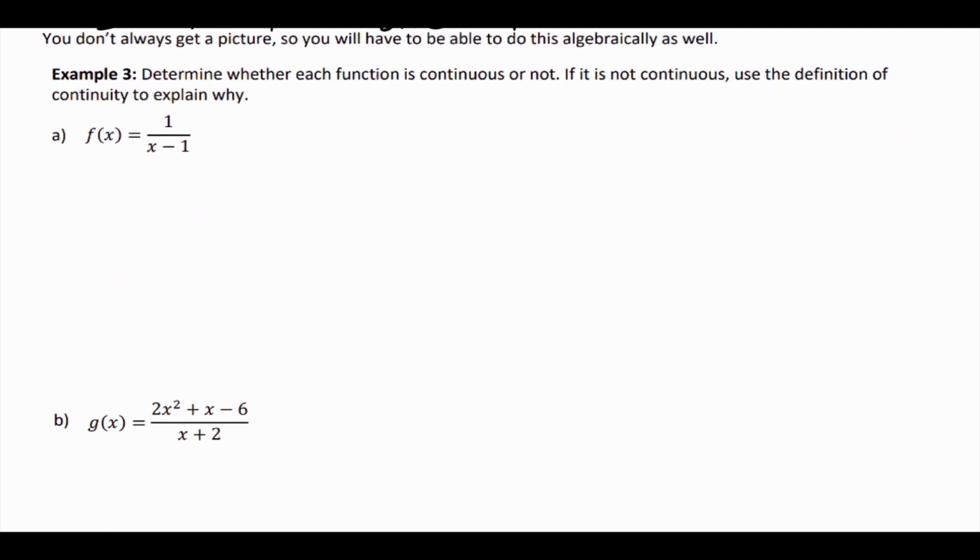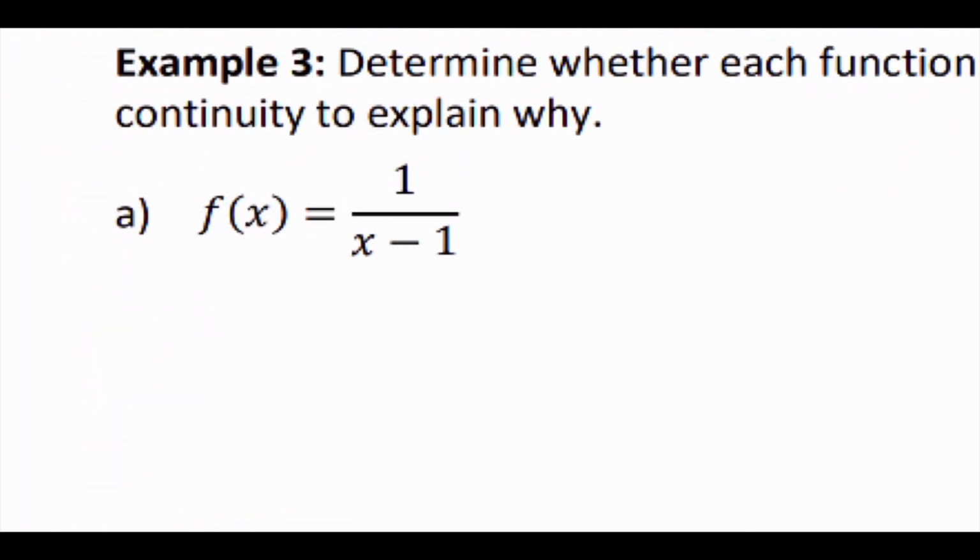Looking at 3a, which x value is going to be a problem for continuity here? 1. Why 1? If I plug in 1 for x, that's going to be an issue because I'm going to get 0 on the bottom. I'll have a number over 0, which is a vertical asymptote, right? We know that, but we need to use the definition to prove it.